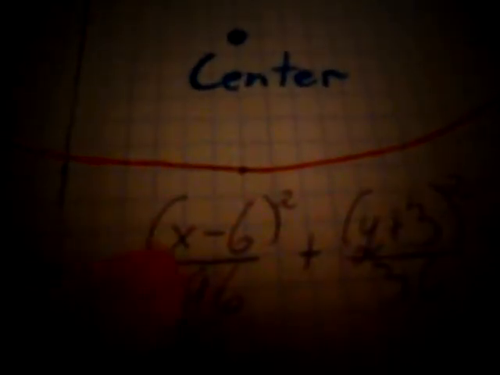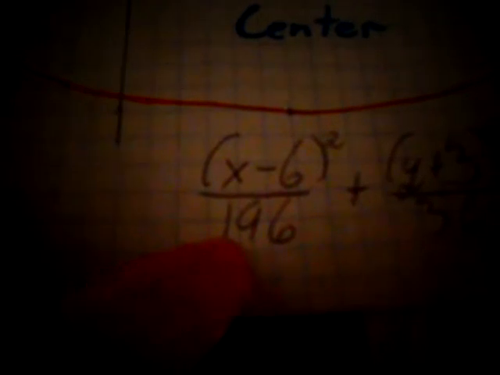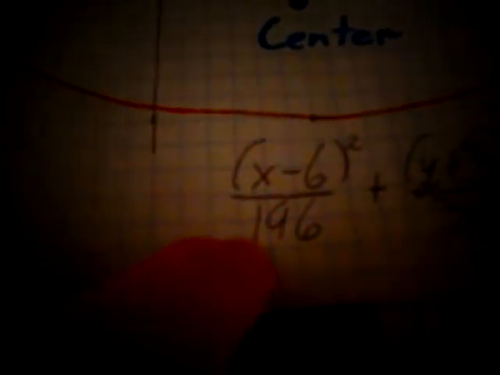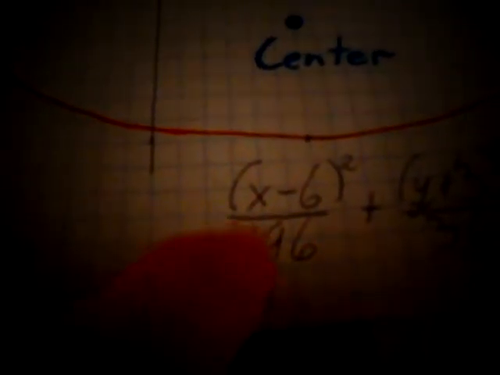Good. Now down here, whatever's below the x, which hopefully you should have gotten a perfect square, this is a perfect square of 14. So we're going to go over 14 spaces left and right.